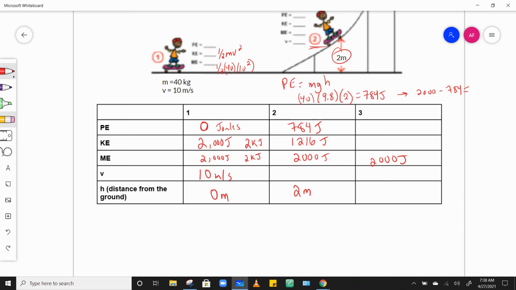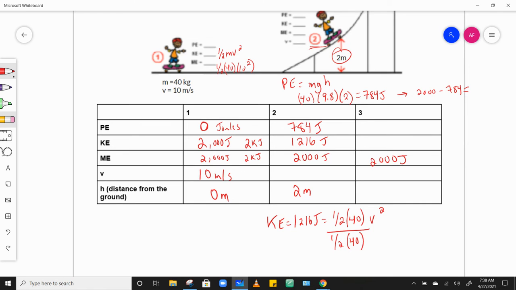Okay, and then the velocity. In order to find velocity here, we know that kinetic energy is equal to 1,216 joules, right? And we also know that's 1/2 the mass, which is 40, times velocity squared, which we don't know just yet, but we're going to solve for that. So we're going to divide both sides by 1/2 times 40, or in other words, 20.